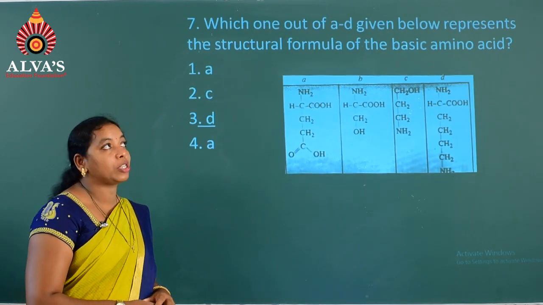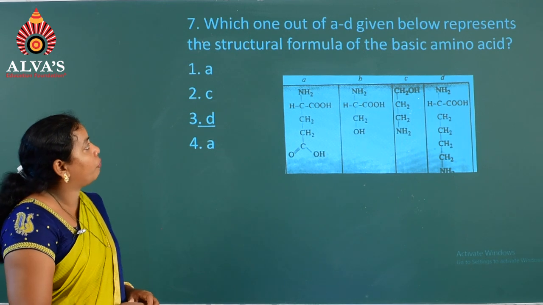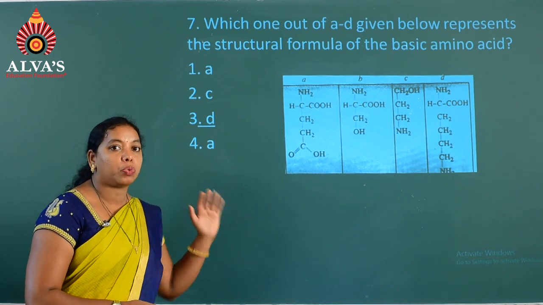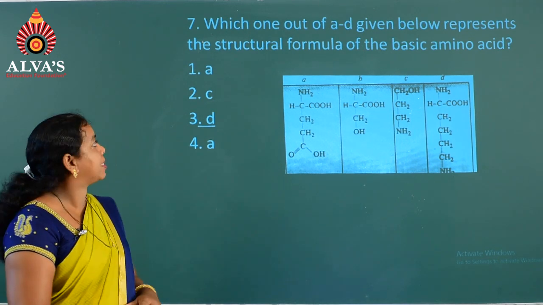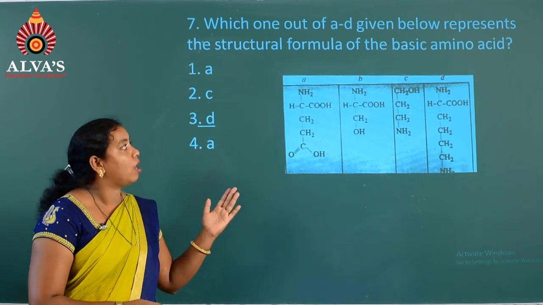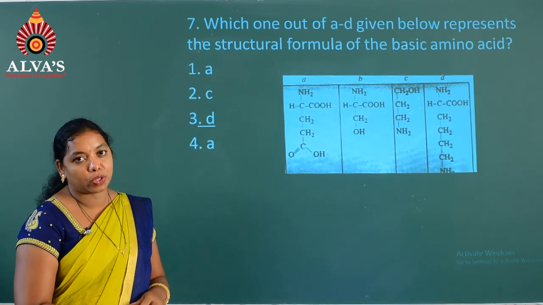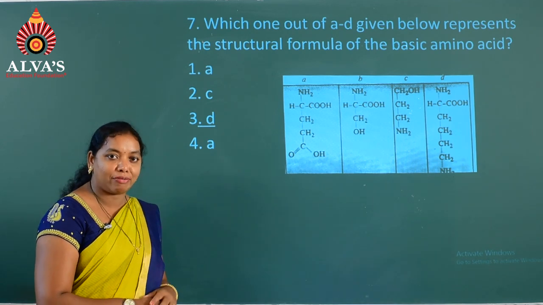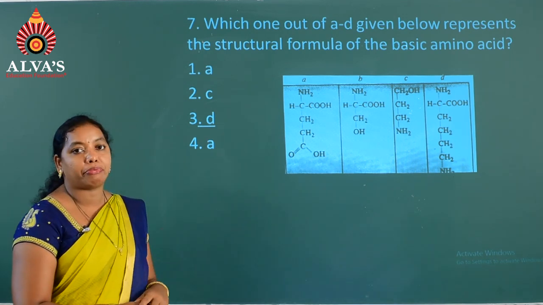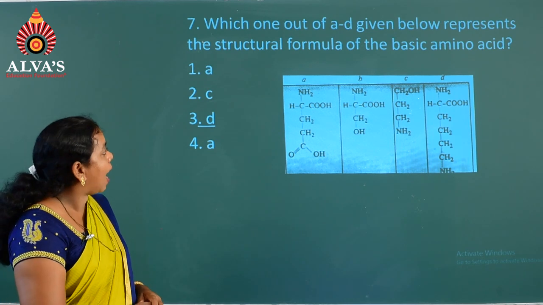Moving on to the next question, question number 7. Which one out of A to D given below represents the structural formula of basic amino acids? There are some structural formulas given in this chart where we have to identify the basic amino acids.